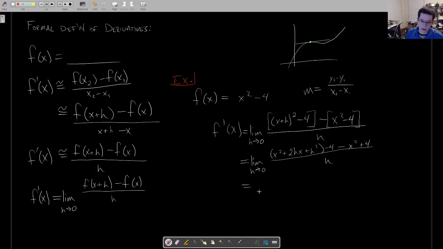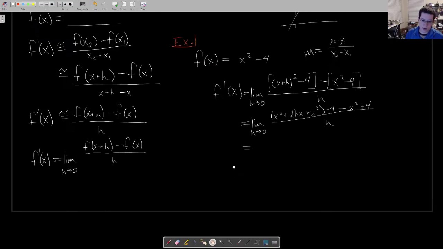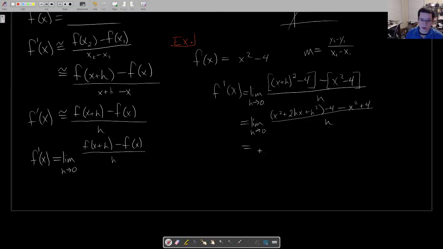Now, we still got the limit as h goes to 0. And we have x squared plus 2hx plus h squared minus 4 minus x squared plus 4, all divided by h.